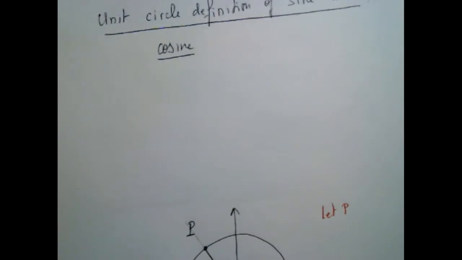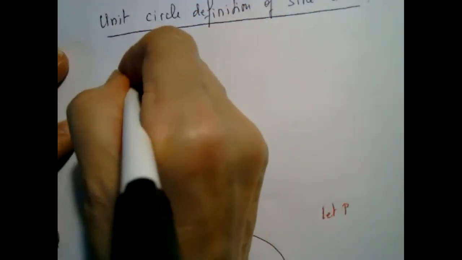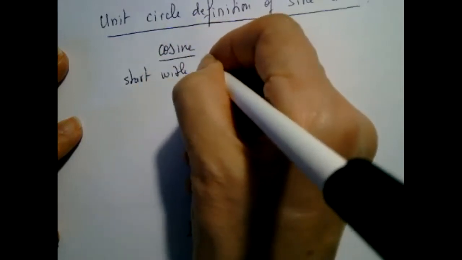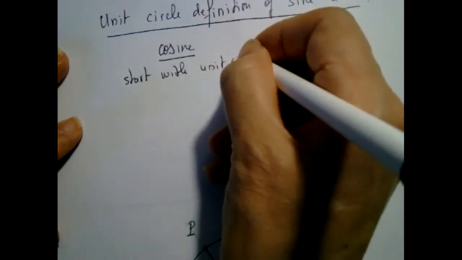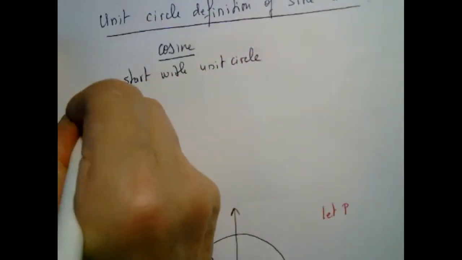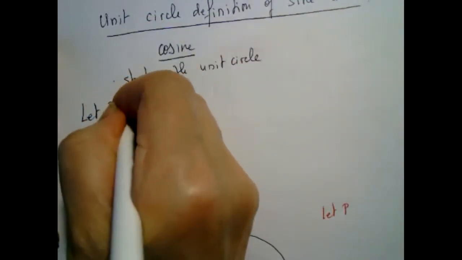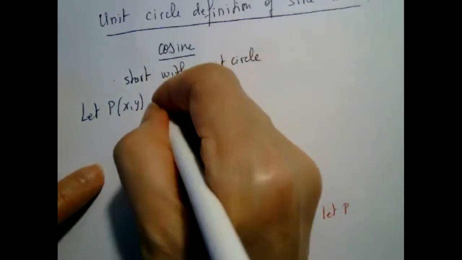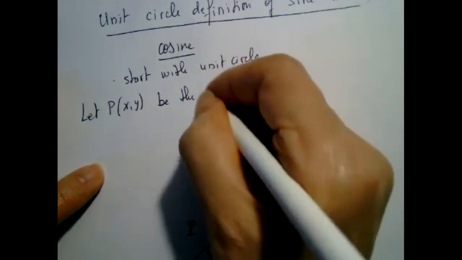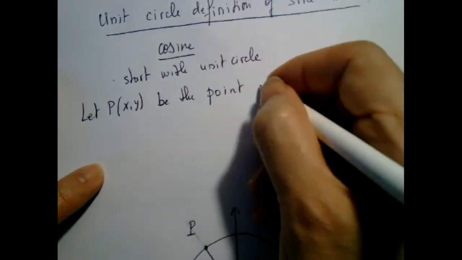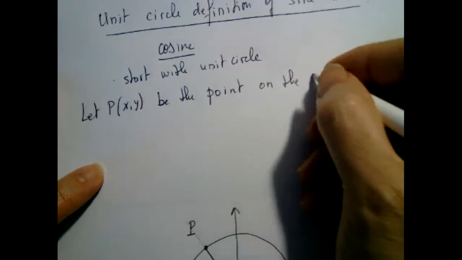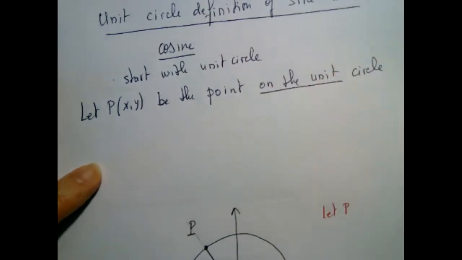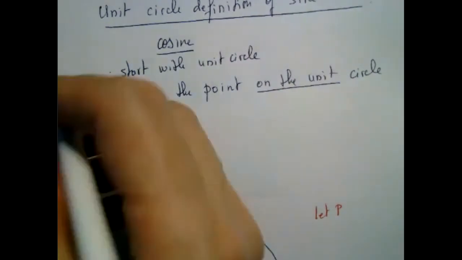Okay. Right here. So start with the unit circle. And let P, which has coordinates, of course, be the point on the unit circle. That's crucial. On the unit circle, which is specified by the angle theta.